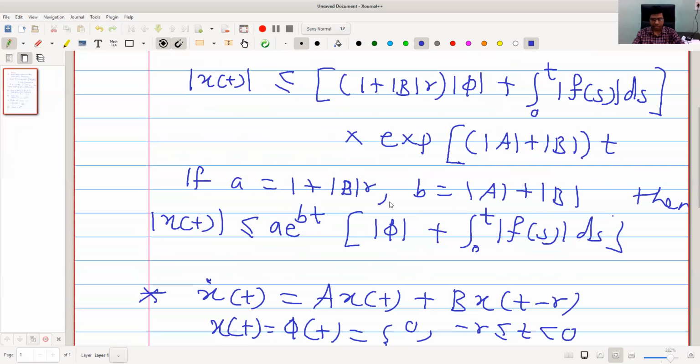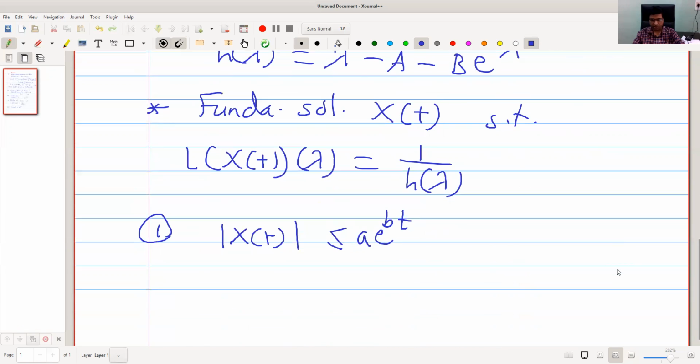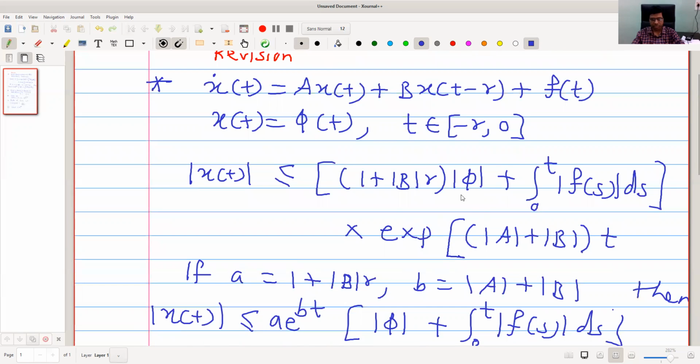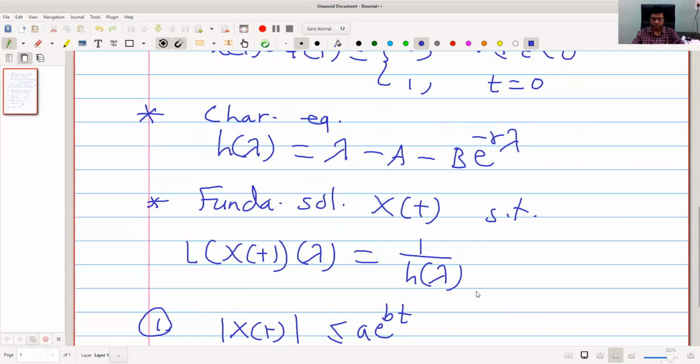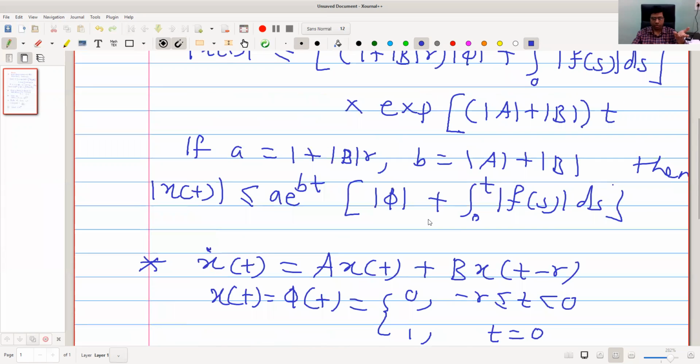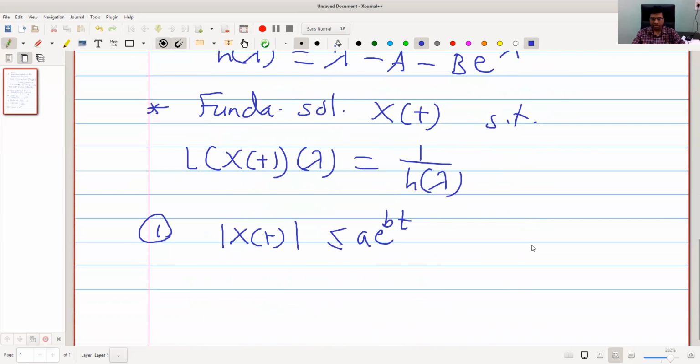Okay, so a is 1 plus mod b r and small b is mod a plus mod b. So bounds are given in terms of coefficients, and the delay term r.